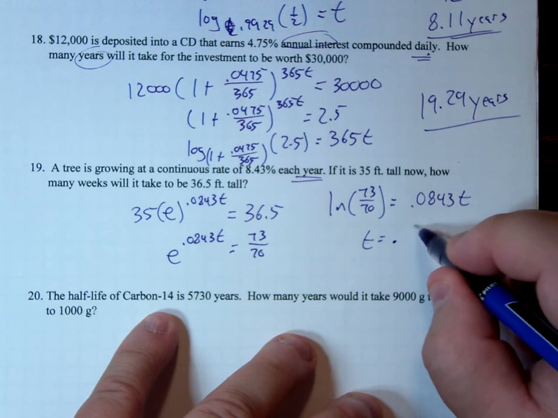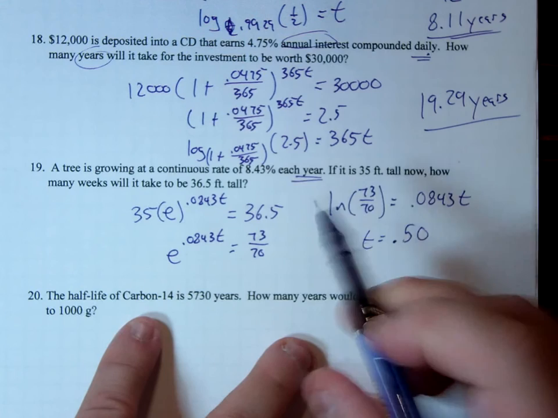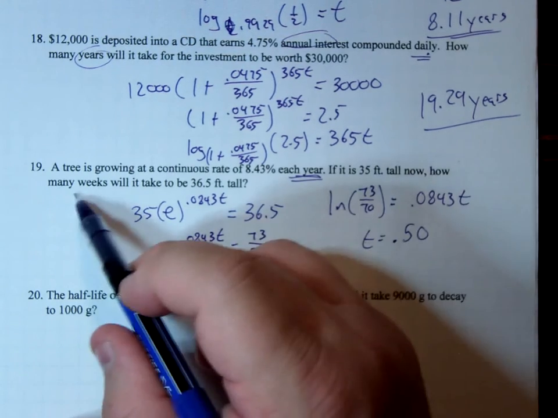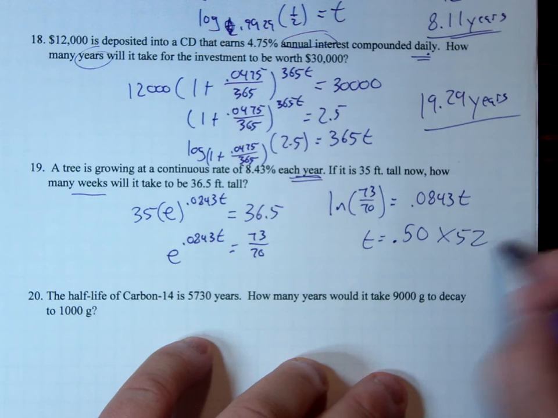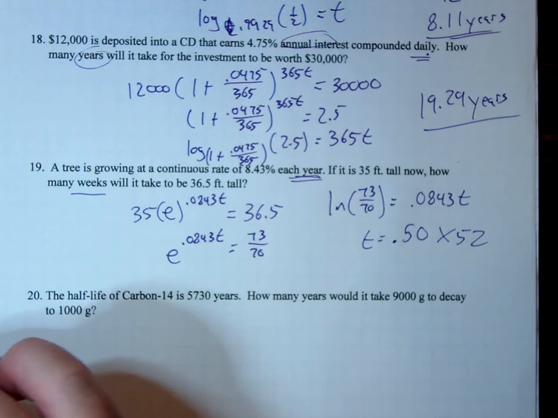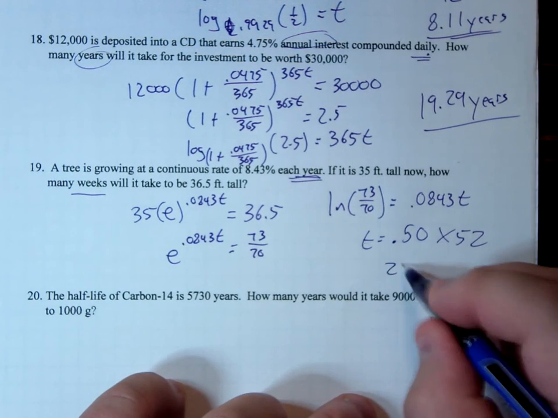But that's 0.50 years. How many weeks is that? Well, years you would multiply to get weeks. So that's 25.88 weeks.